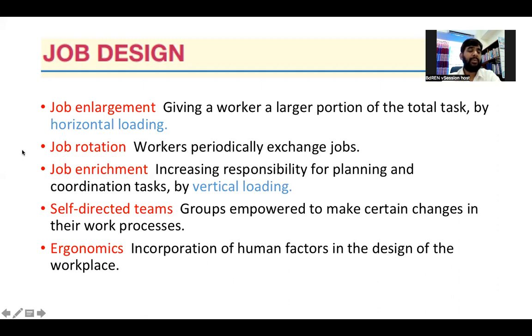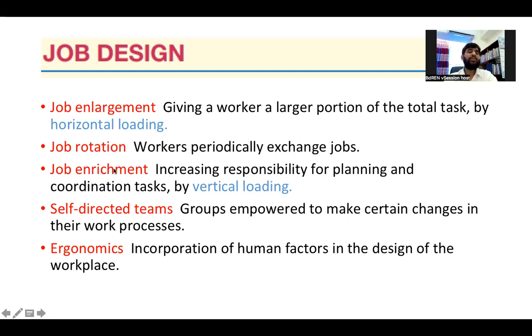And if you compare with job enrichment, it is increasing responsibility. Here the total task is increasing. There, it is increasing responsibility for planning and coordination tasks by vertical loading. So what does it mean? The company will give you more decision-making for planning and coordination tasks. It's not the task that you will carry out. Rather, you will coordinate and you will plan.